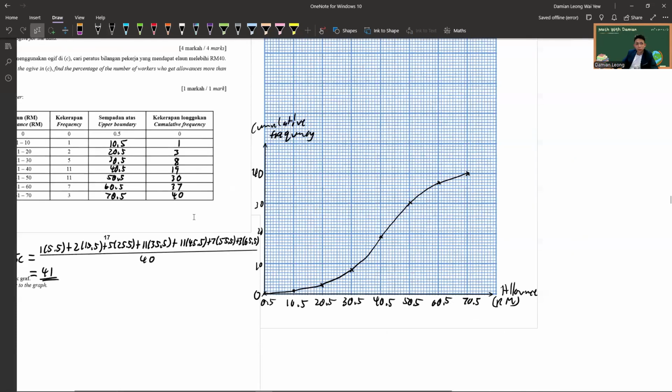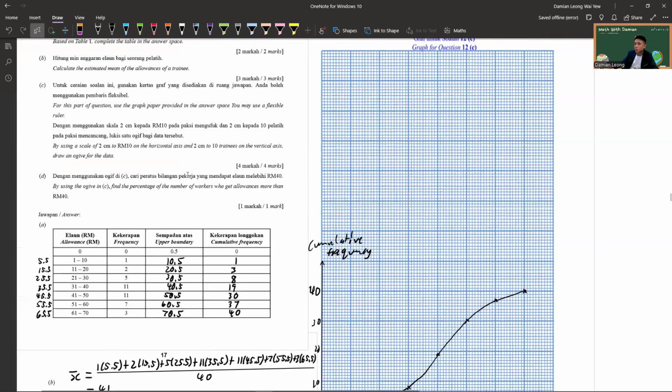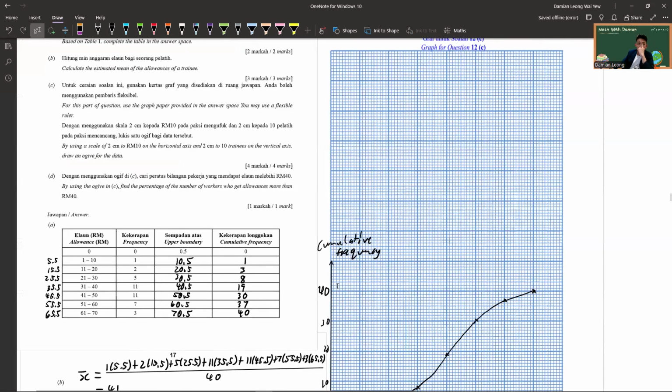Okay. Yeah, 2 cm is each box. Then there's the ogive.